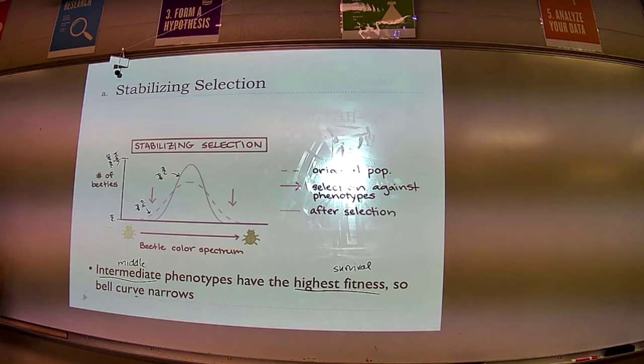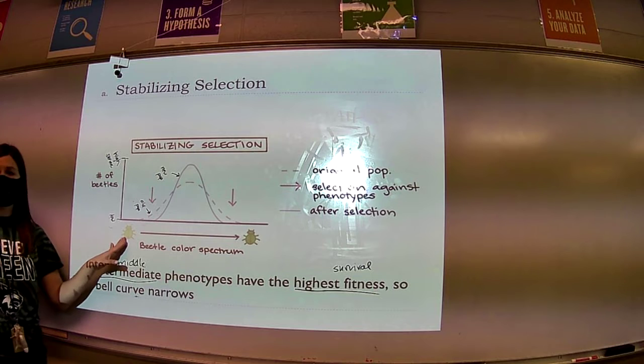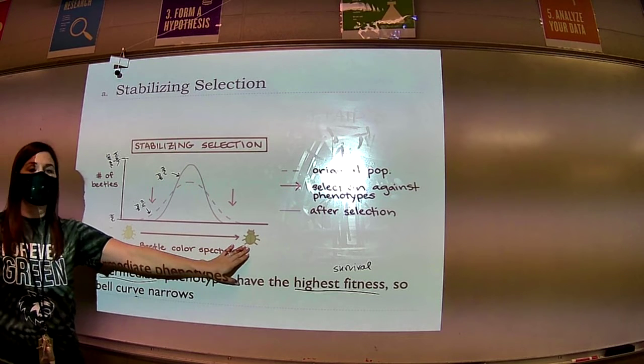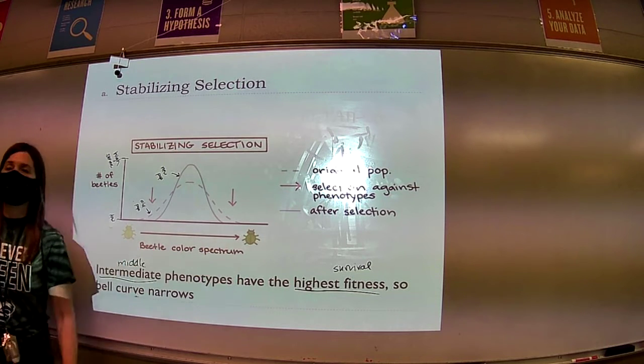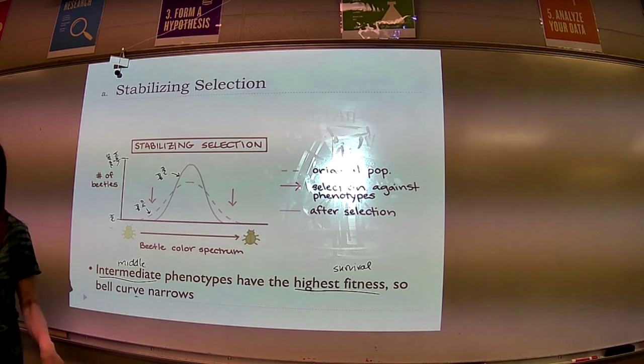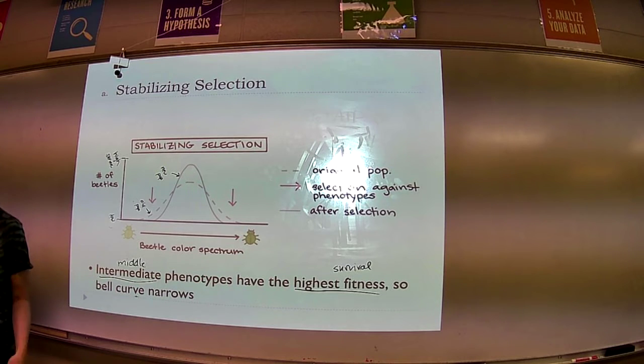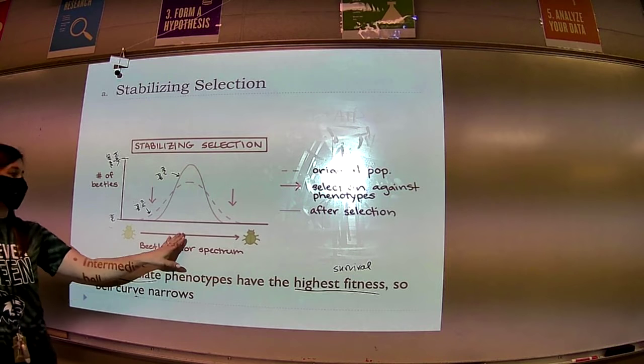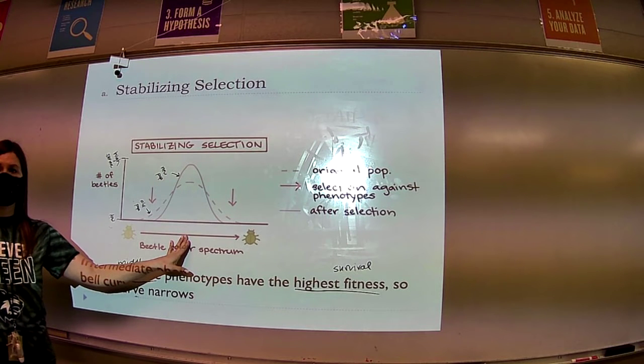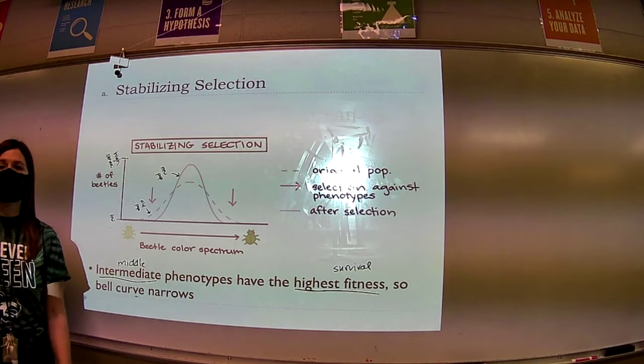So let's say we have a beetle population, and the beetles live in a forest. You can have really light green beetles, and you can have really dark green beetles. Let's say for whatever reason, the trees in this forest this year are medium green in color. Now, what type of beetle is going to blend in best?